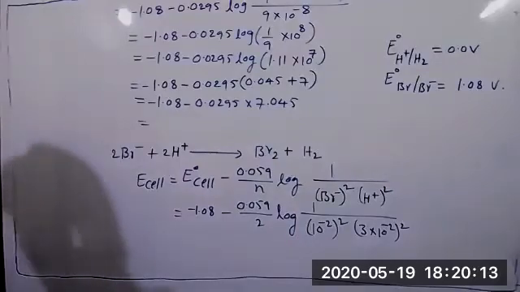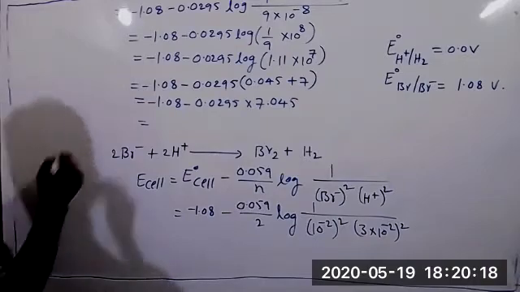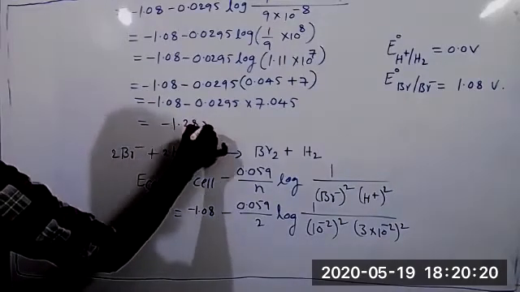How much? Minus 1.288. Very good. Minus 1.288 volts.